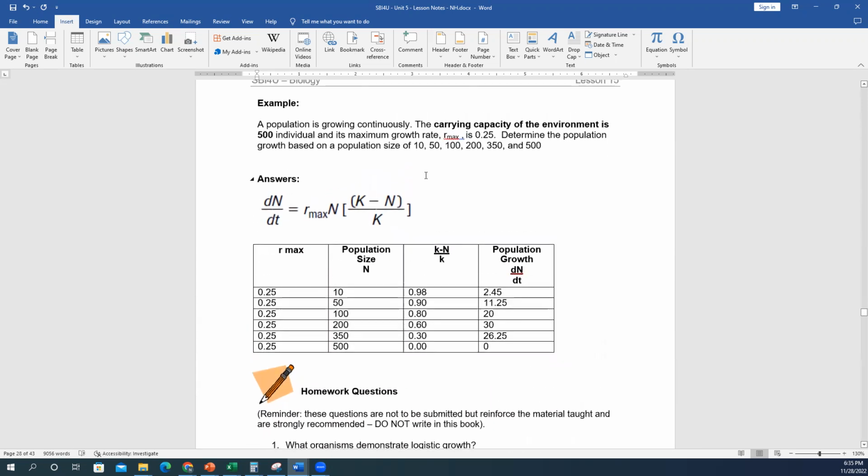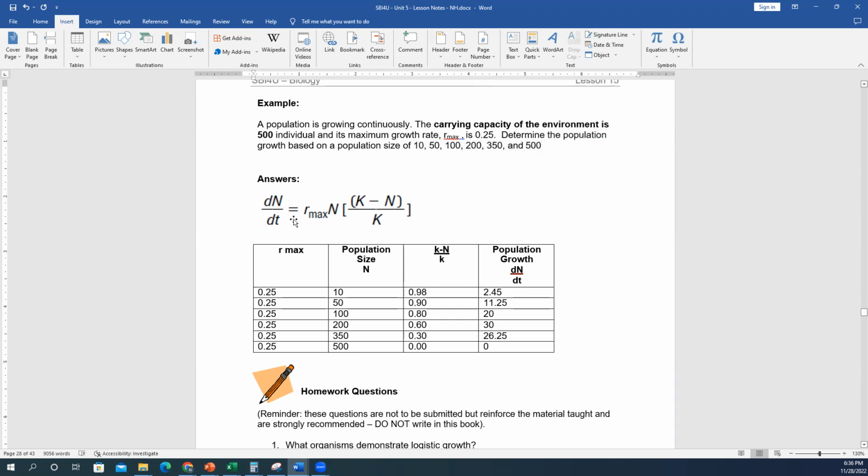So if we look at an example for logistic growth, suppose you were given this type of question: a population is growing continuously, and the carrying capacity for the environment is 500 individuals, and the maximum growth rate is 0.25. You're asked to determine the population growth based on a population size of 10, 50, 100, 200, 350, and 500.